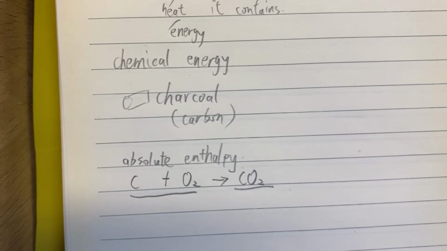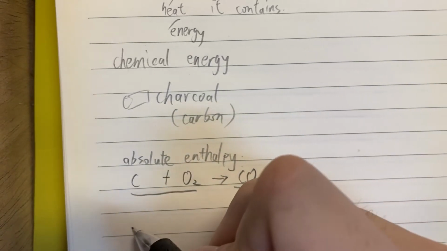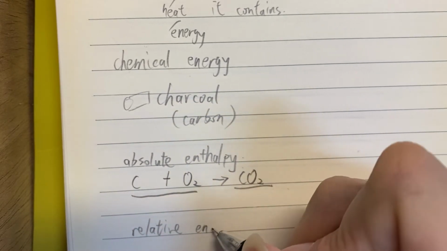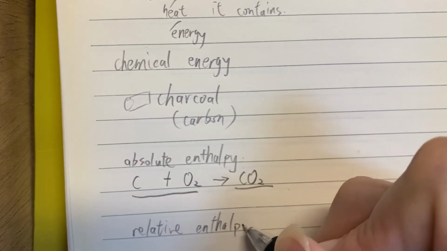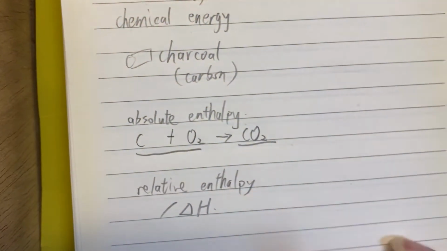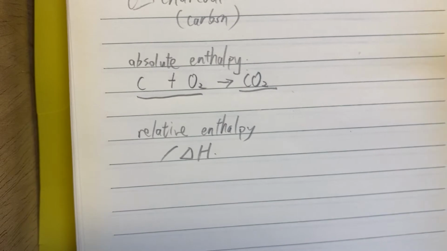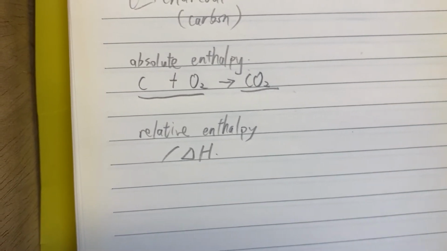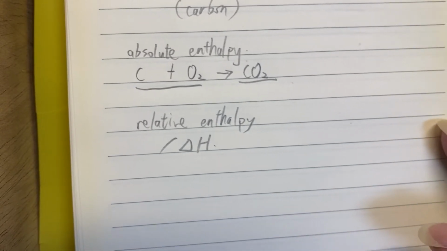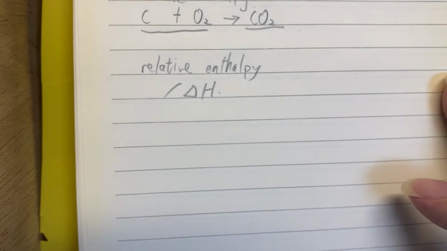We call it the enthalpy change, or the relative enthalpy. Here we use delta to represent the change, and H is the symbol of enthalpy. It means that after the reaction, the energy level of the system has changed, so that we can measure that change in enthalpy.